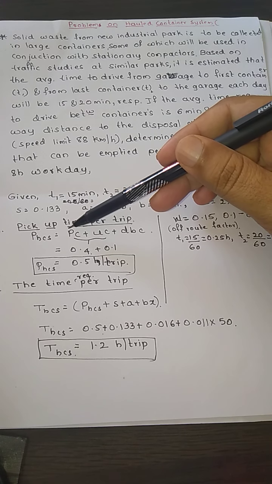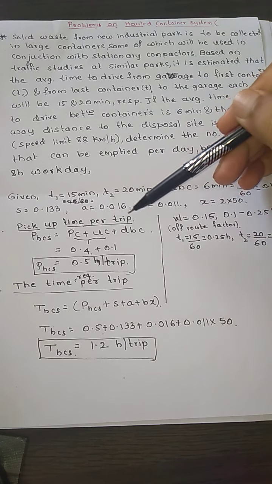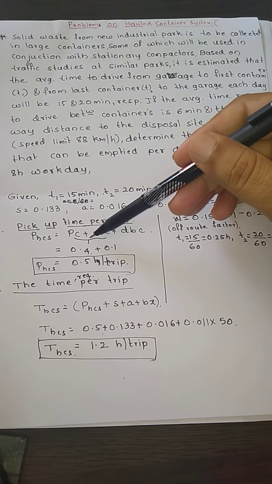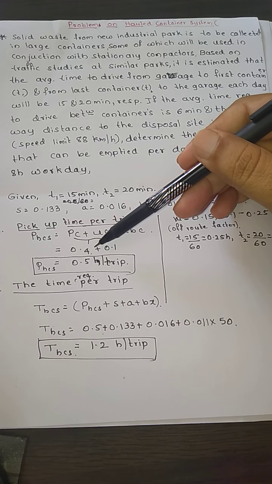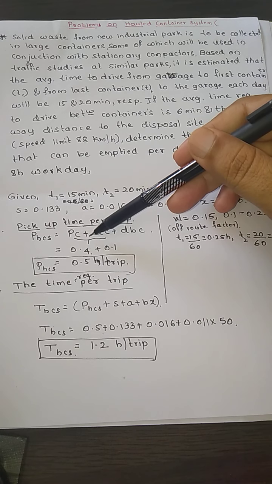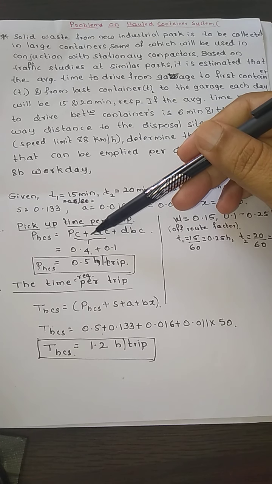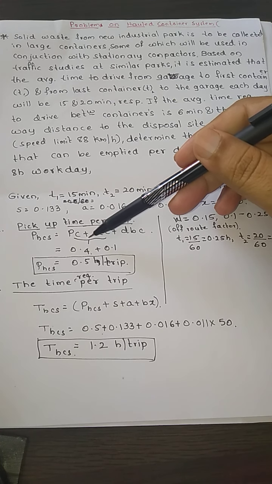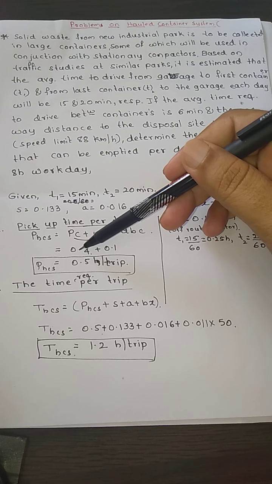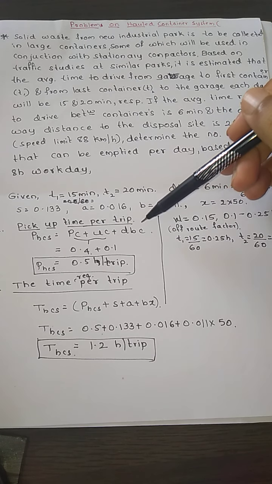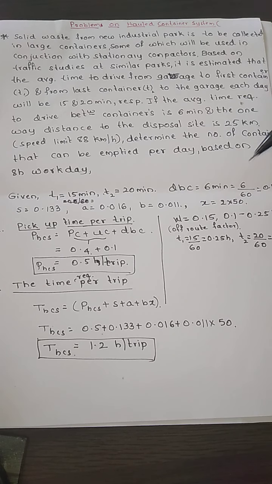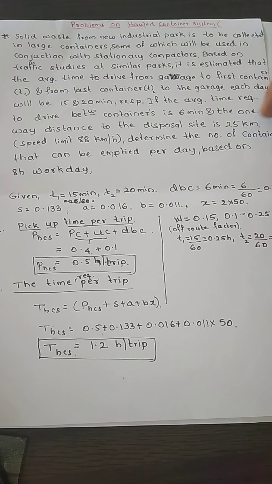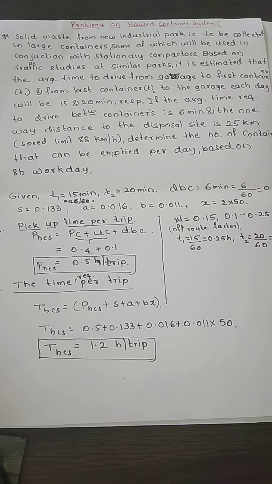So here now the pickup time required per trip we will be calculating by using the formula PC plus UC plus DBC. Now PC plus UC is in terms of hour per trip, as in that particular tabular column. How much was the PC plus UC value? PC plus UC value was around 0.4. Now DBC is 0.1. Now how is it 0.1? Prior to going to the problem, all the units were in terms of hour per trip.